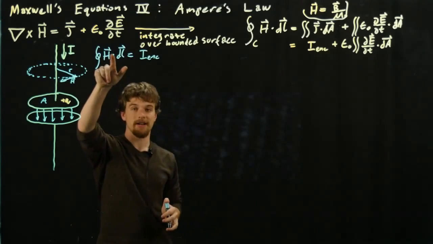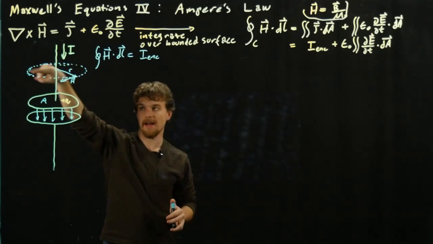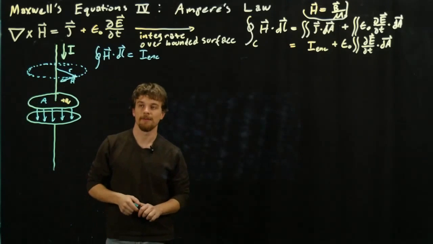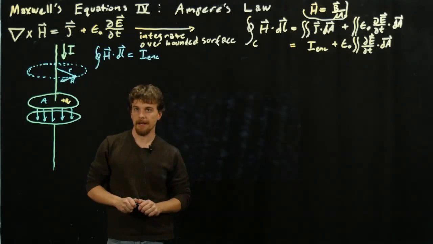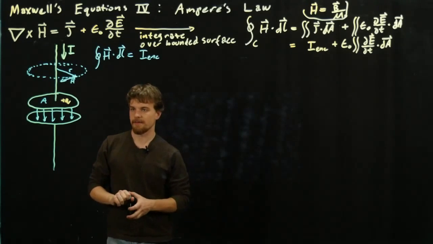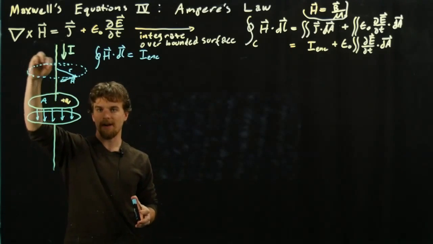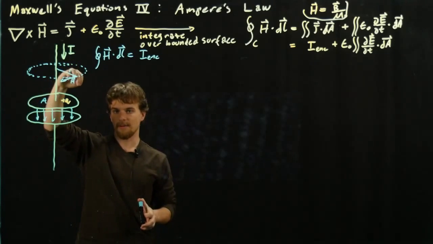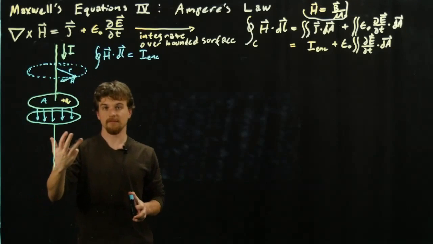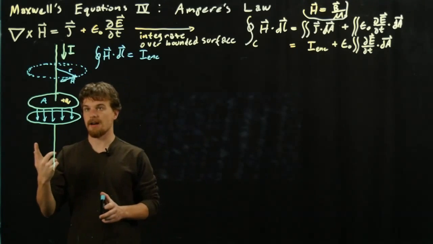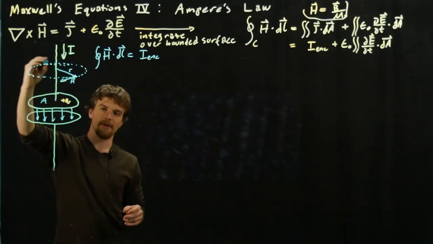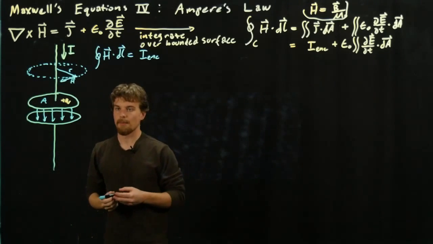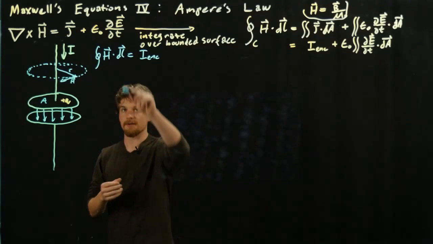As long as you pay attention to the dot product, it will work for any path you could draw around this wire. But we set it up so that we have symmetry, and the magnitude of the H field at any point around this path is going to be equal, and the H field at any point along this path is going to be perfectly parallel to the differential length of the path.